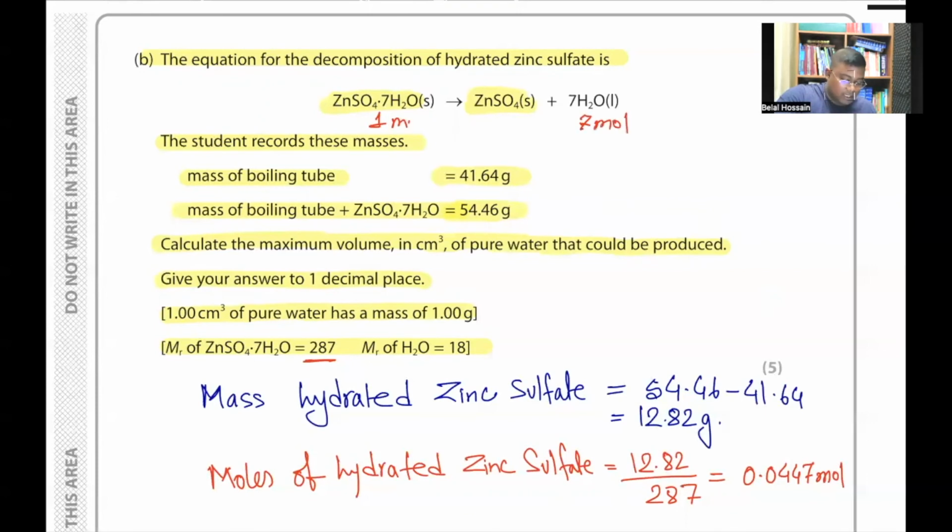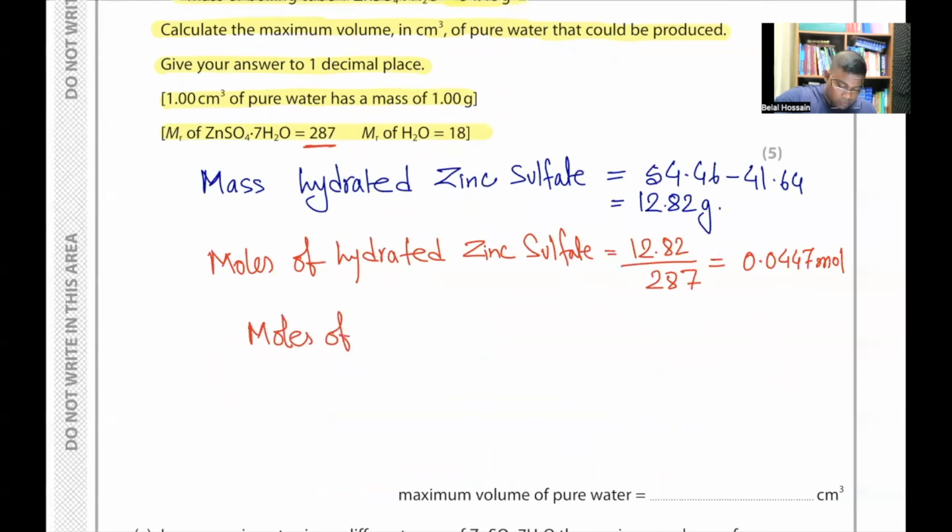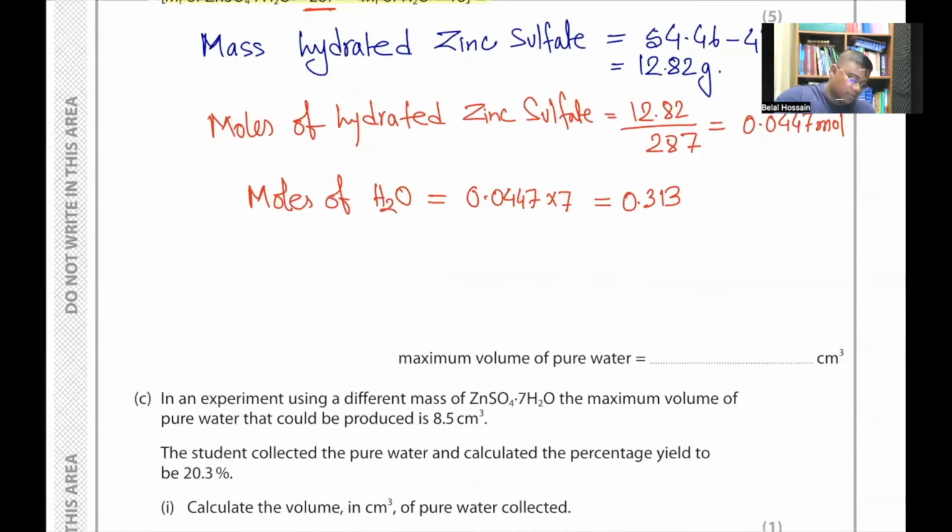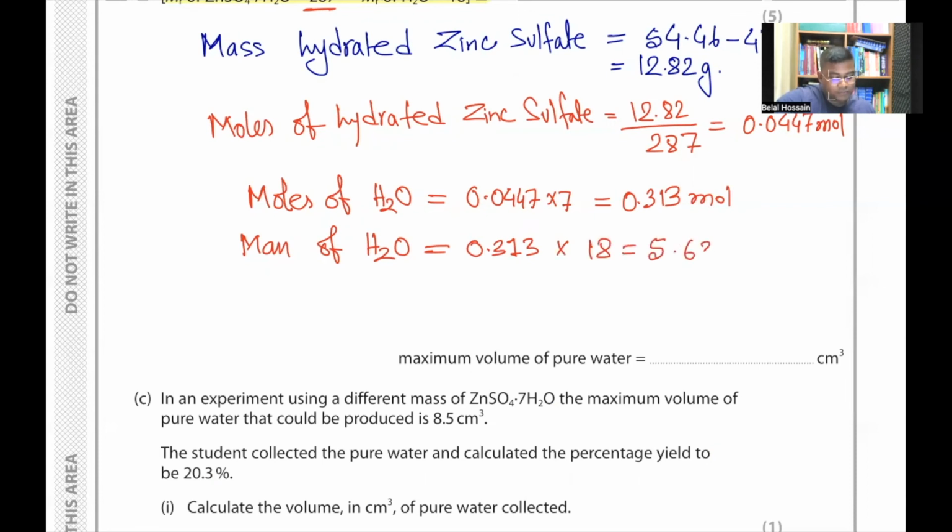So this indicates that we can find out the number of moles of water. Then we can find out the mass of water, which comes to 5.63.